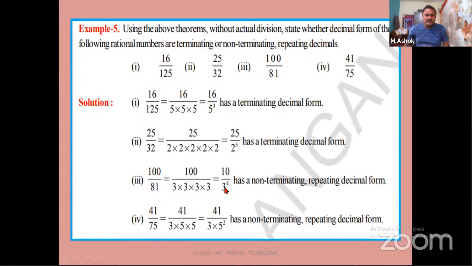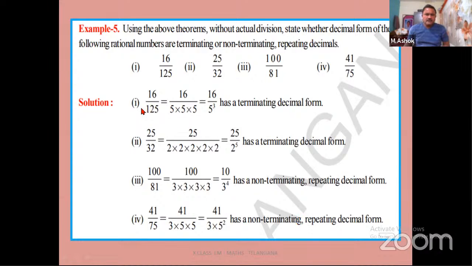Look at example number 3. Here in the denominator, 3 came, so it is not terminating. So if only 5, or only 2, or both 2 and 5 come, then they are terminating. Along with 2 and 5, look at example number 4. Here 3 came, so it is also non-terminating.